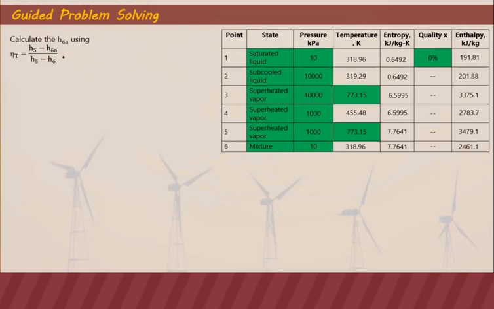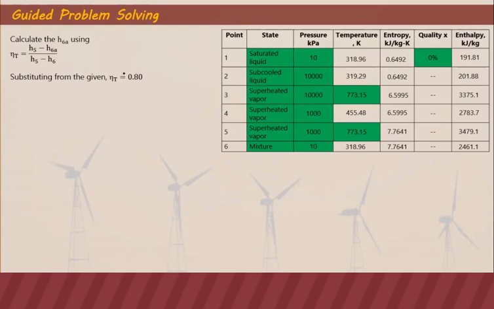This is for the low pressure turbine. We have H5. The values that don't have the letter A are the values from the table, and A is what we are going to compute.